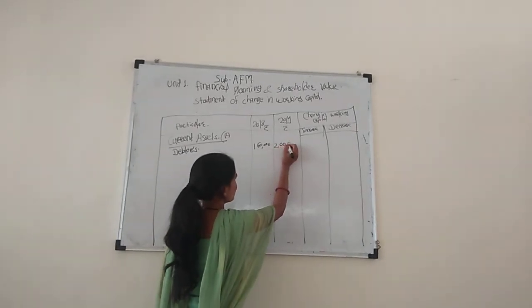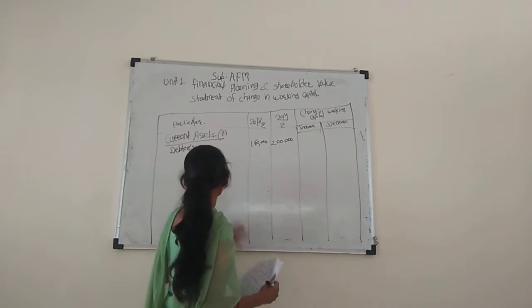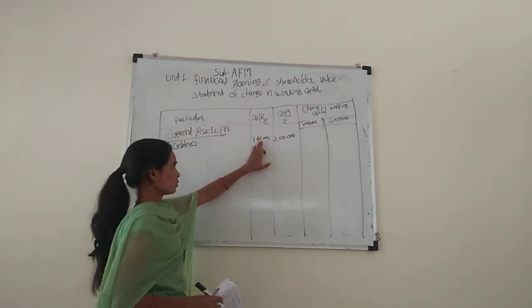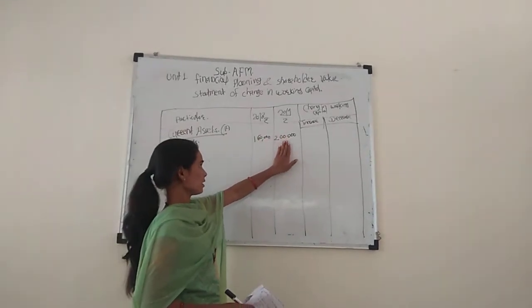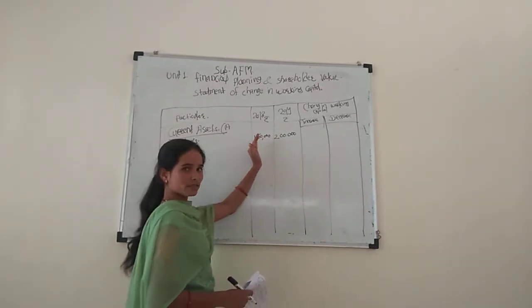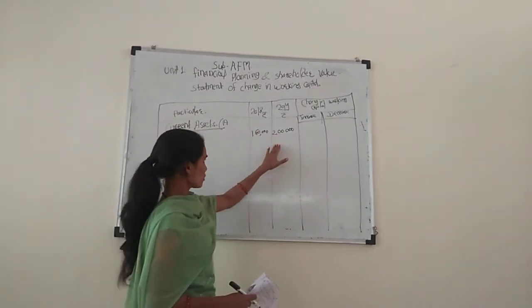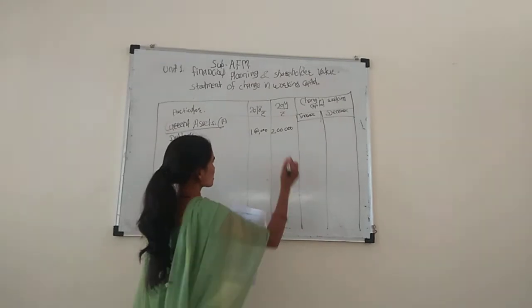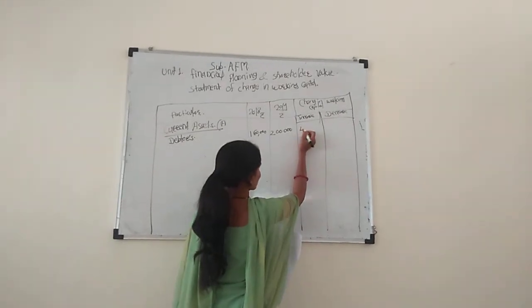So 2 lakh minus 1,60,000 is equal to 40,000, which means an increase of 40,000 in debtors.